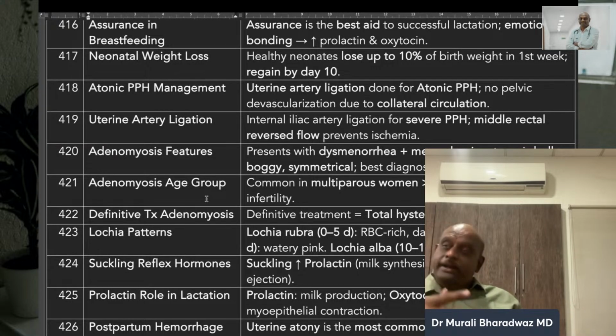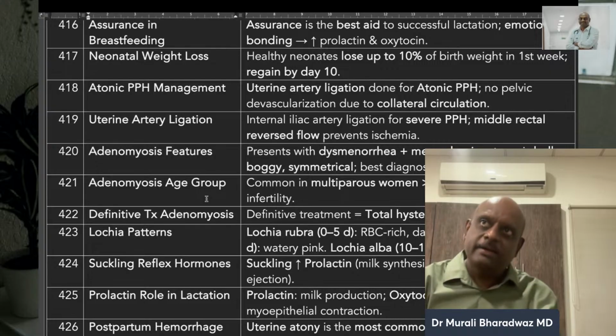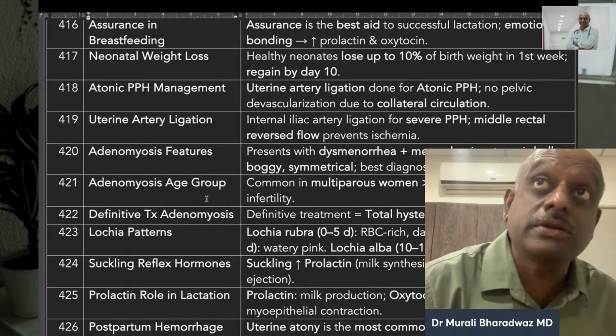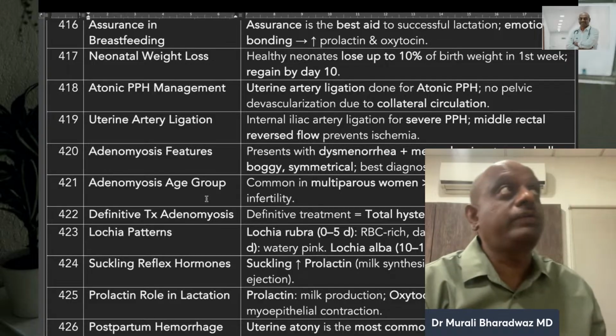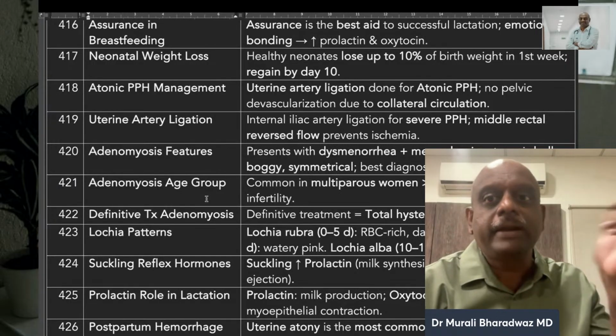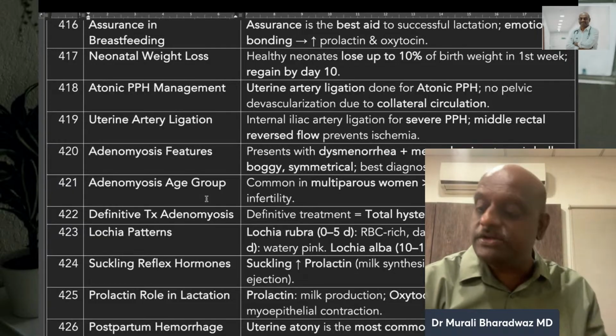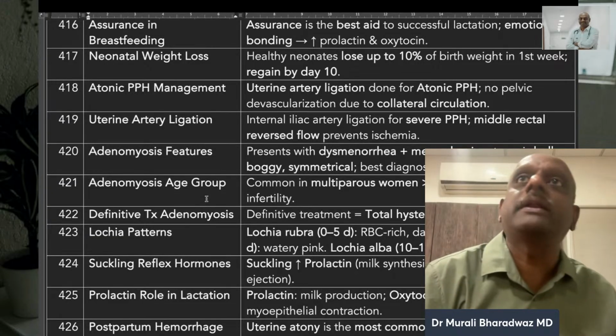And we do internal iliac artery ligation for severe PPH. So when we do that, you are controlling the bleeding, but it can also suffer ischemia, no? So who will take the collateral flow? Middle rectal artery will reverse. Middle rectal artery's reversed flow will prevent ischemic necrosis.